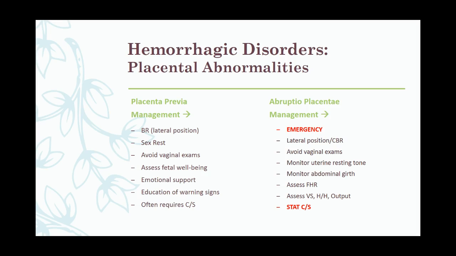So we want to monitor their uterine resting tone, and we want to monitor their abdominal girth as well. We assess fetal heart rate. We assess their vital signs, their hemoglobin, and their hematocrit, along with their output, and we get these people to a stat C-section as quick as possible.